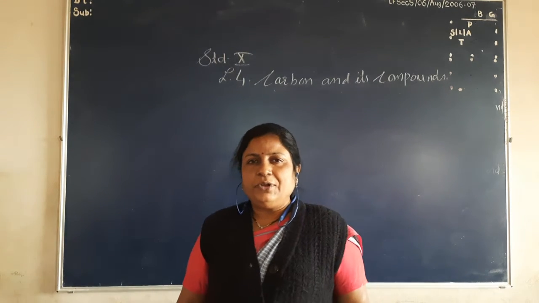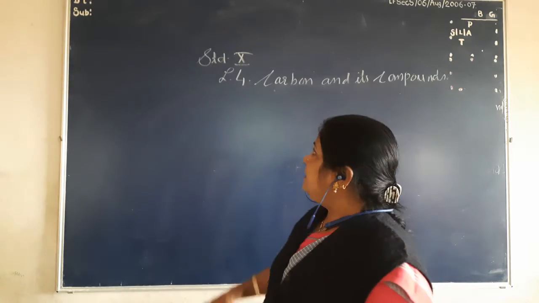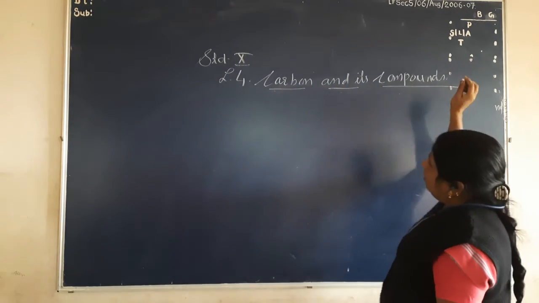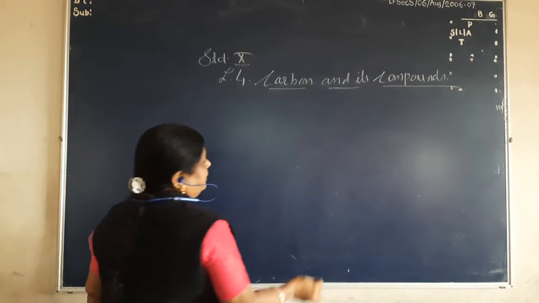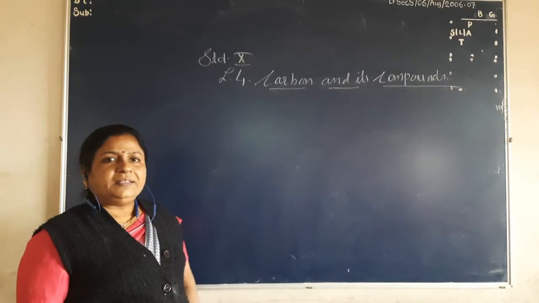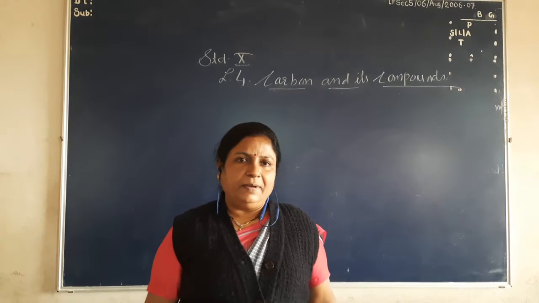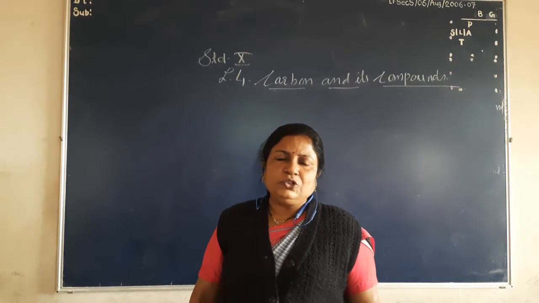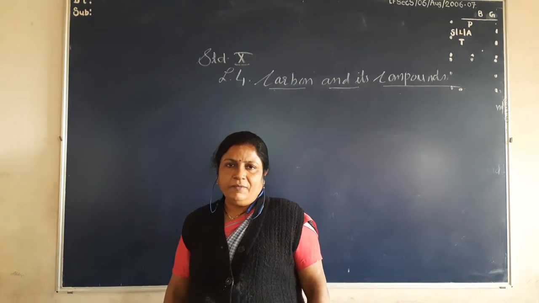So today I am going to discuss lesson number 4, that is Carbon and its Compounds, of standard 10. Carbon. Everything surrounding us is made up of carbon. If you imagine, you will find that most of the objects around us are made up of carbon.